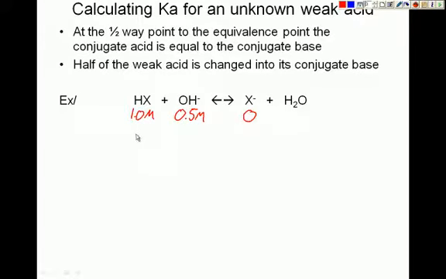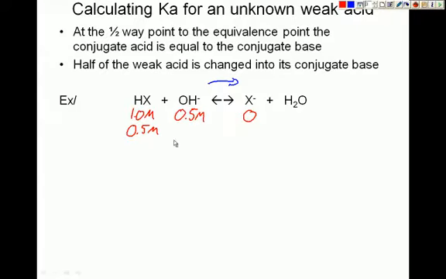Now these two have yet to react, so this is 0, and H2O is a liquid, so we don't really care about it. But if these two are going to react, it is quite clear that HX is in excess, and since everything is on the reactant side, the reaction is going to go forward, and HX is going to decrease by 0.5 molar because it's going to react with all of this.